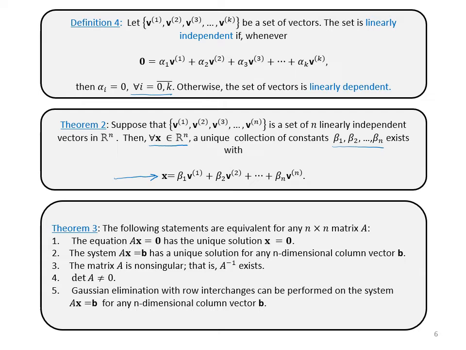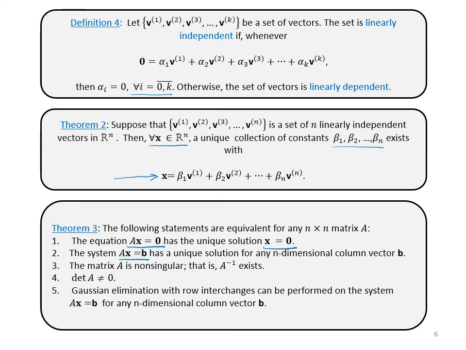Theorem 3. The following statements are equivalent for any n by n matrix A. The equation Ax equals 0 has the unique solution x equals 0. Second statement. The system Ax equals b has a unique solution for any n-dimensional column vector b. Third statement.